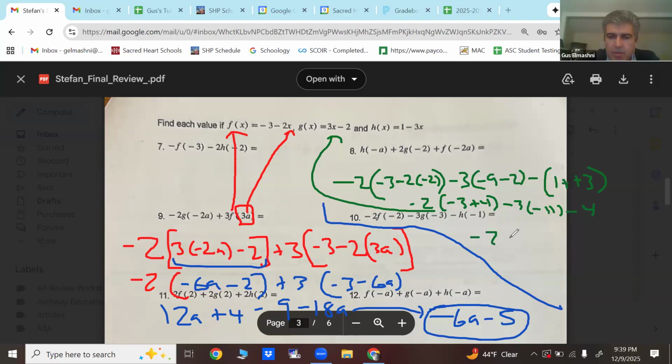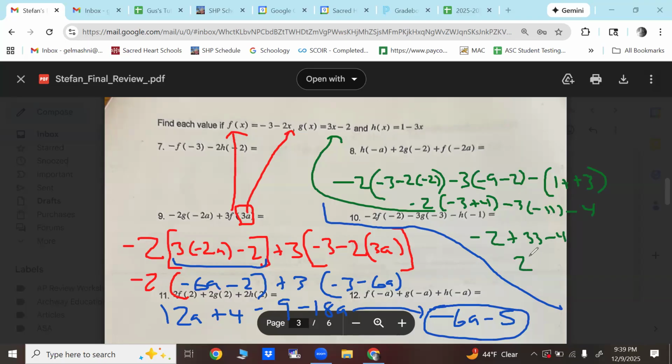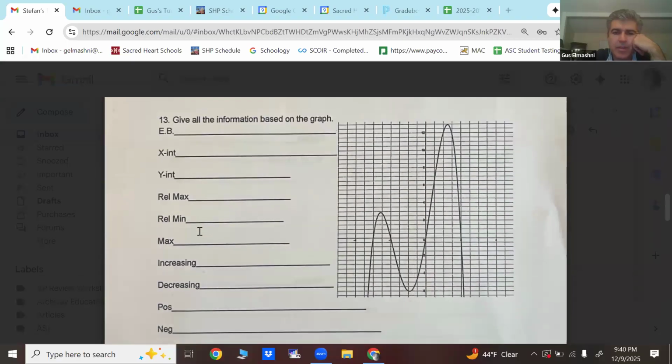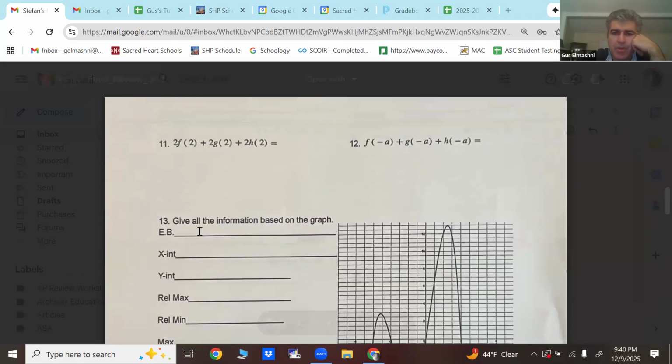So it's -2 plus 33 minus 4, so that should be 27. So yeah, that's 10. Okay, let's keep going. So 11 and 12, we'll have you do it on your own.